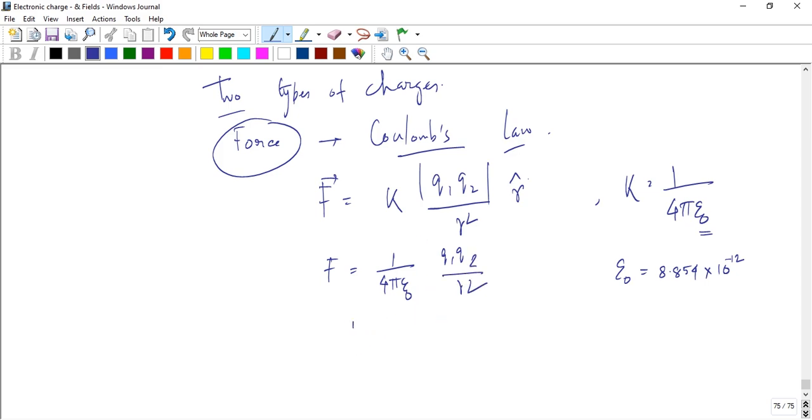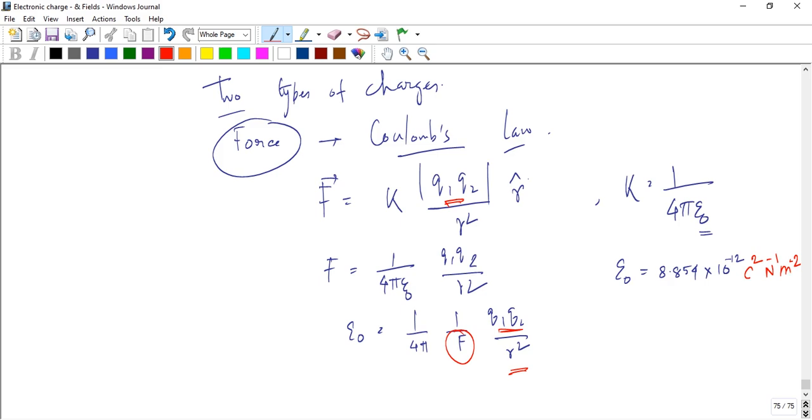So the unit of the charges is coulomb, force is in newton, and R is the displacement or distance between two charges, in meter to the power minus 2.